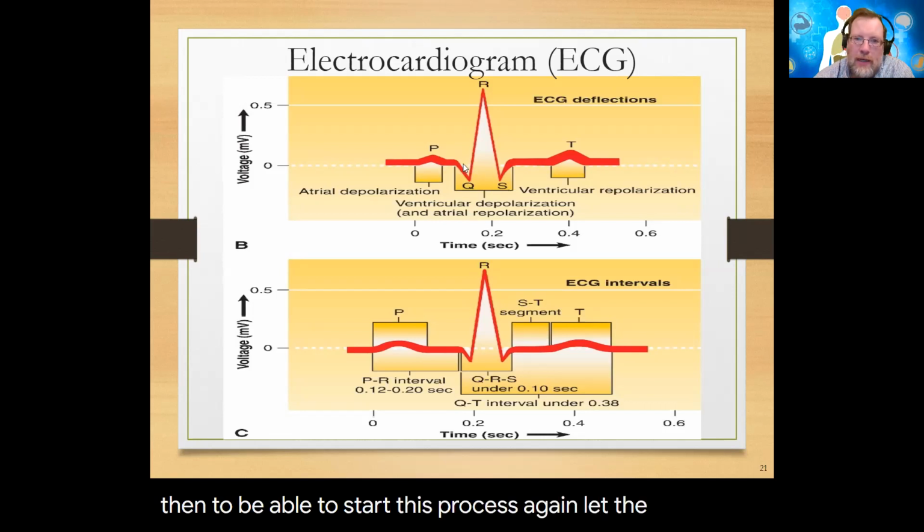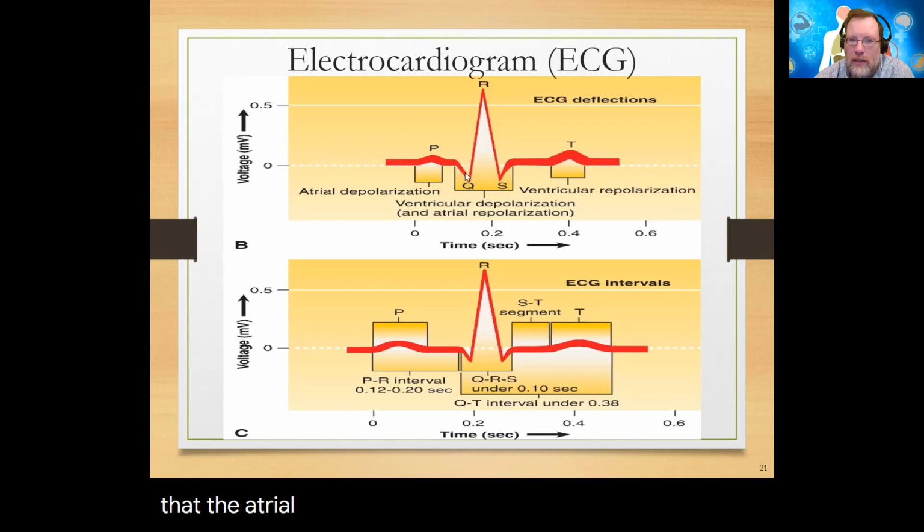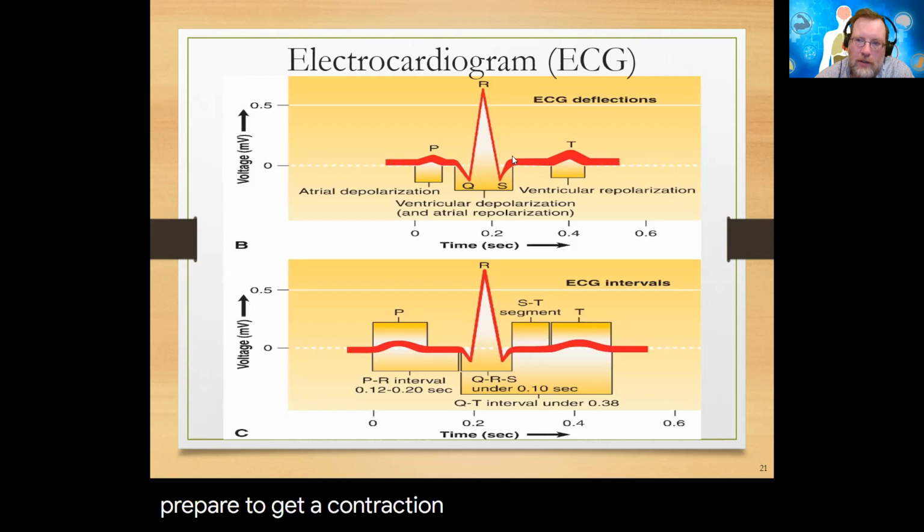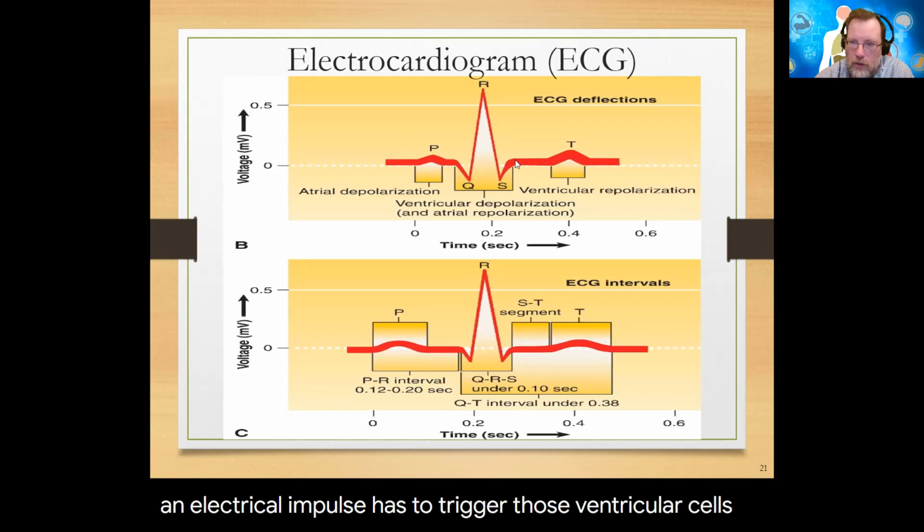Well, at the same time that the atria are repolarizing, we just got some physical action after that P wave of the atria contracting, sending blood down into the ventricles. Now the ventricles need to prepare to get a contraction developed and established. So an electrical impulse has to trigger those ventricular cells to contract.